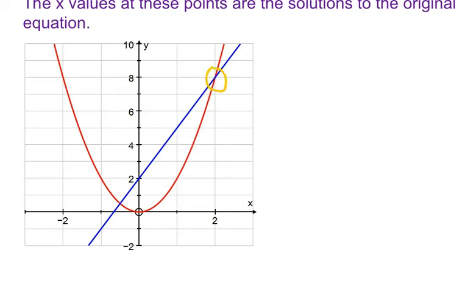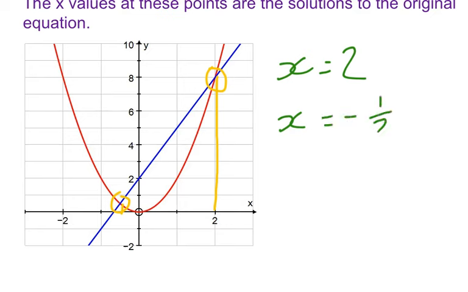So we have one intersection point there and one intersection point there, and we want the x values. So there we get an x value of 2, and there we get an x value of minus a half. So our answers are x equals 2 and x equals minus a half. We can use our graphics calculator to find those values exactly as well.